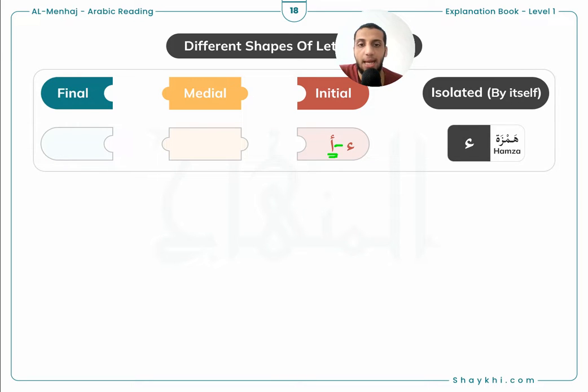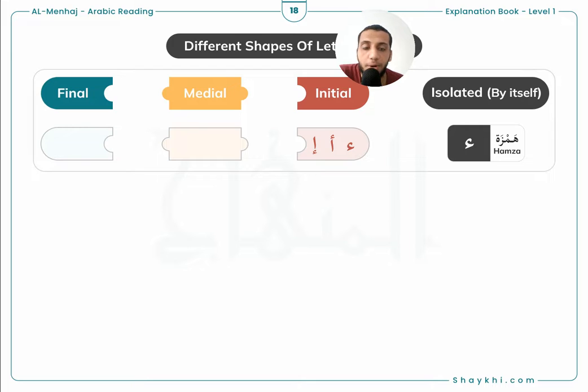This is Hamza, not alif. So whenever you see Hamza above alif, forget the alif and just consider the Hamza. The other case is Hamza below the alif. So it comes in these two cases, whether below or above.